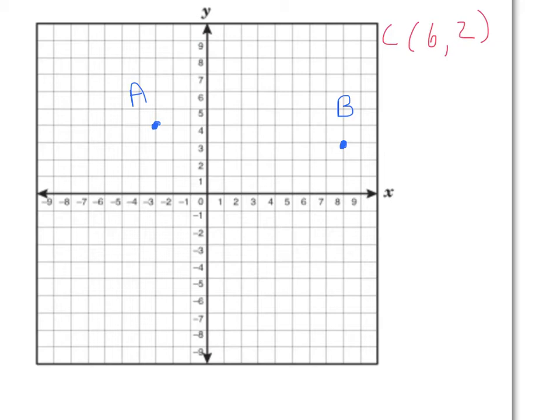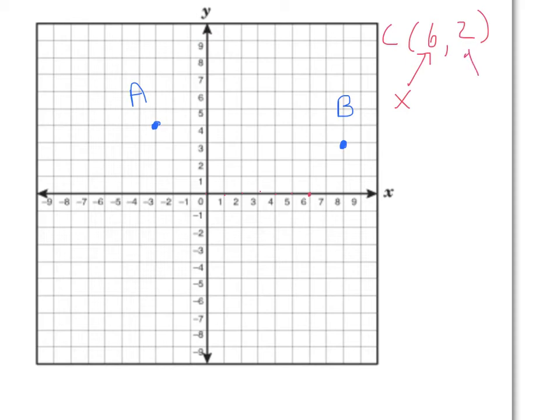I simply start at the origin, and I'm going to count over 6 spaces and go up 2. So the first number always tells me how many spaces I move away from the y-axis. So in this case, this tells me on the x. So I'm going to count 6. 1, 2, 3, 4, 5, 6. So I'm right there at 6.